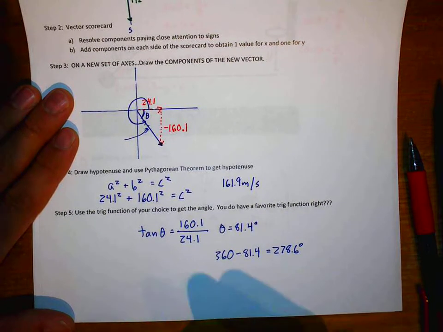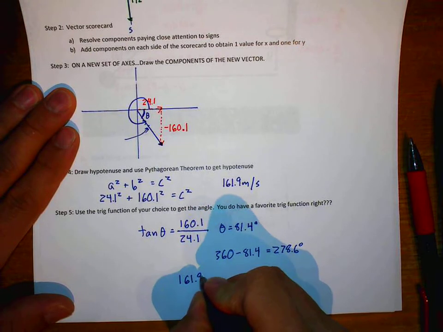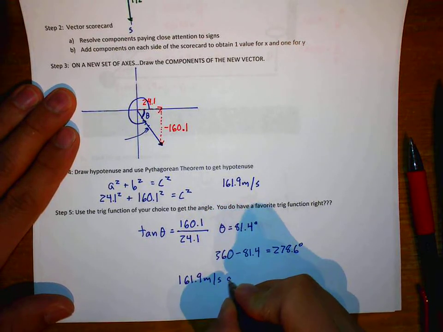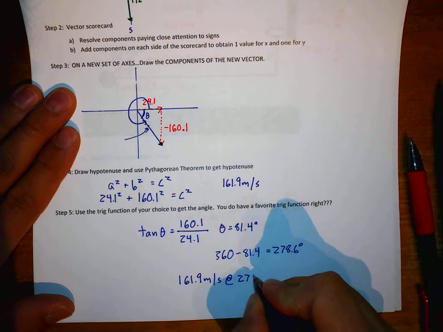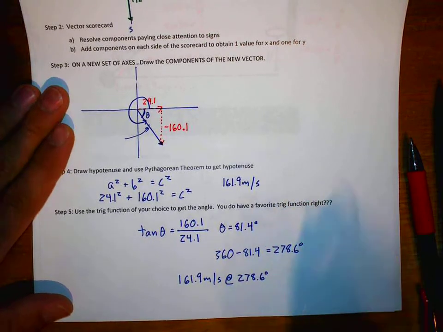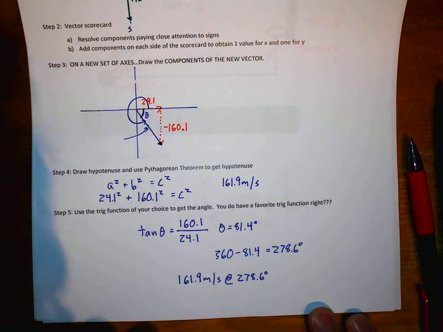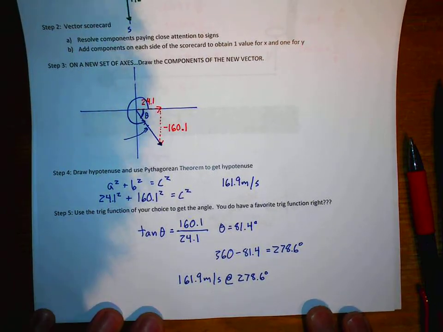And now I just have to report my final answer. So I got 161.9 meters per second at 278.6 degrees. And we could round it all for sig figs if we wanted to. Alright, but then we'd have one sig fig in our answer. So I'll leave it as that.